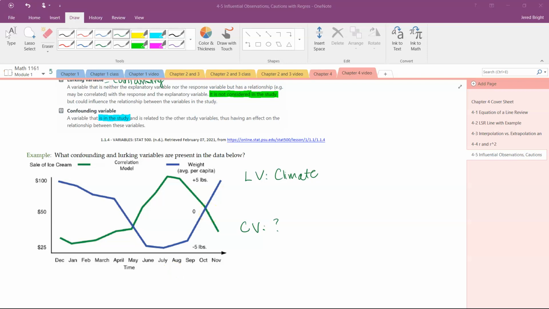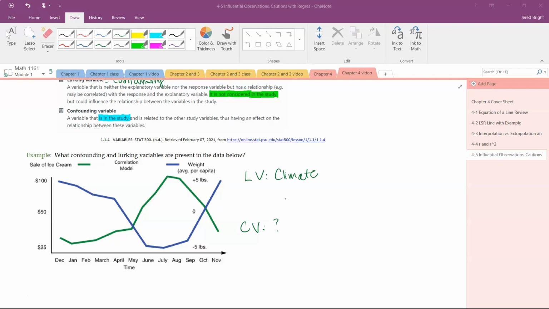We're looking at blue as weight. So people are heavier in the winter compared to the summer. They store up their fat for winter, then lose it over the course of a few months, and then put it back on. Similarly, ice cream sales are low in the cold months and high in the warm months, because ice cream just tastes better in the heat. So that's one thing that could be lurking here that we're not accounting for.